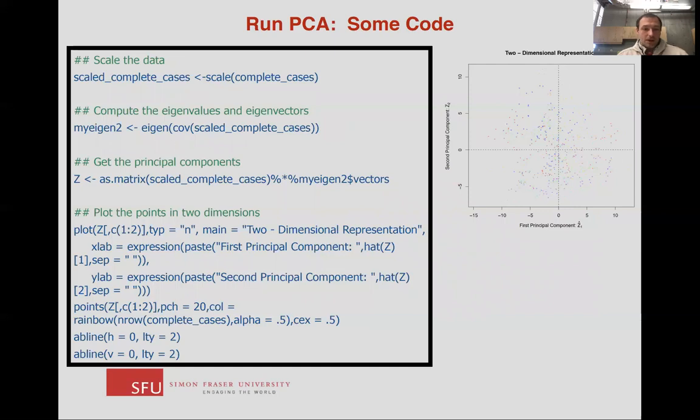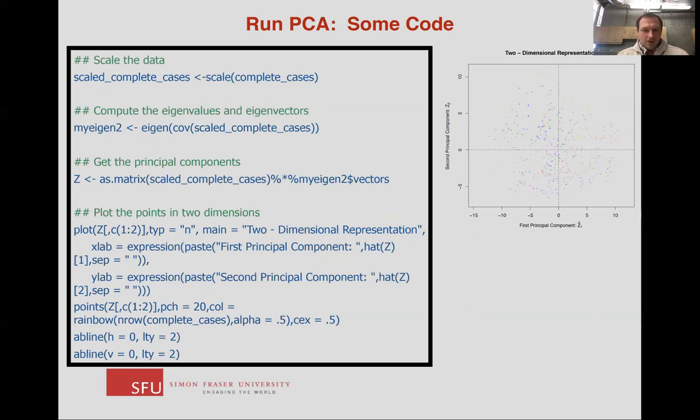You see I'm taking the first 2 columns of Z, and I'm labeling the X and Y axes with Z1 hat and Z2 hat. And note, I've used this function expression. Expression will allow you to do some math typing in your plots in R. So you can play around with that a little bit if you like.